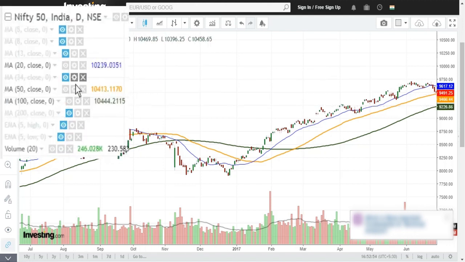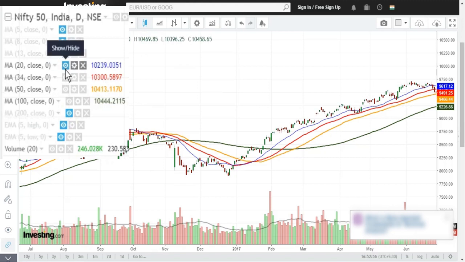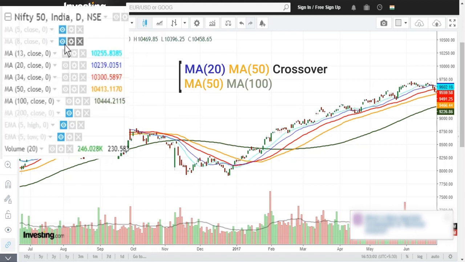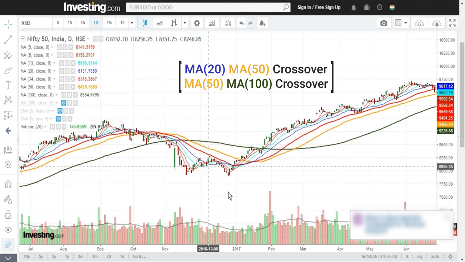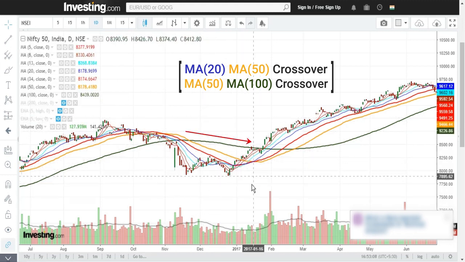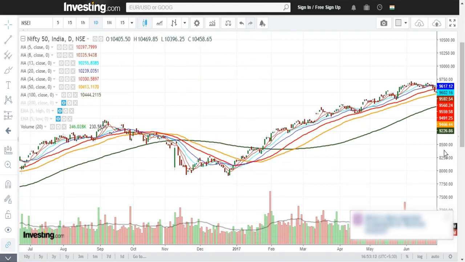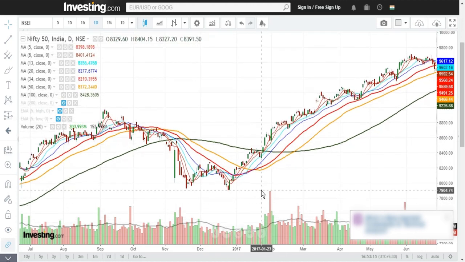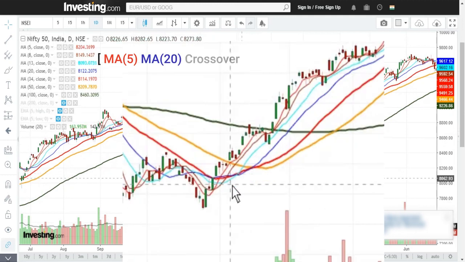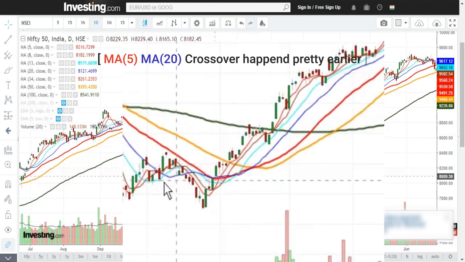Now if we are looking at all the moving averages together, we will find that a 20-50 crossover or 50-100 kind of crossover happened even later. See, here there was a downtrend and then an uptrend started. Now as we can see in the chart here, the 5-20 crossover happened somewhere like here.